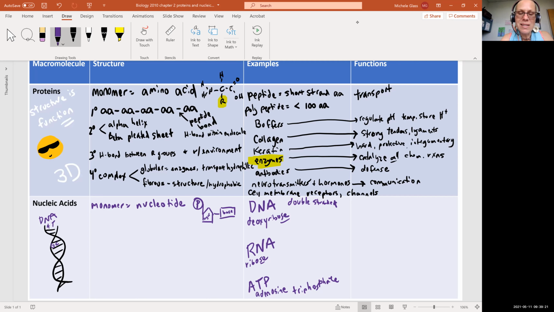So when we talk about DNA compared to RNA, we see that DNA is double-stranded. We see that DNA has deoxyribose. And we see that DNA has adenine paired with thymine, guanine paired with cytosine. And remember, deoxyribose.